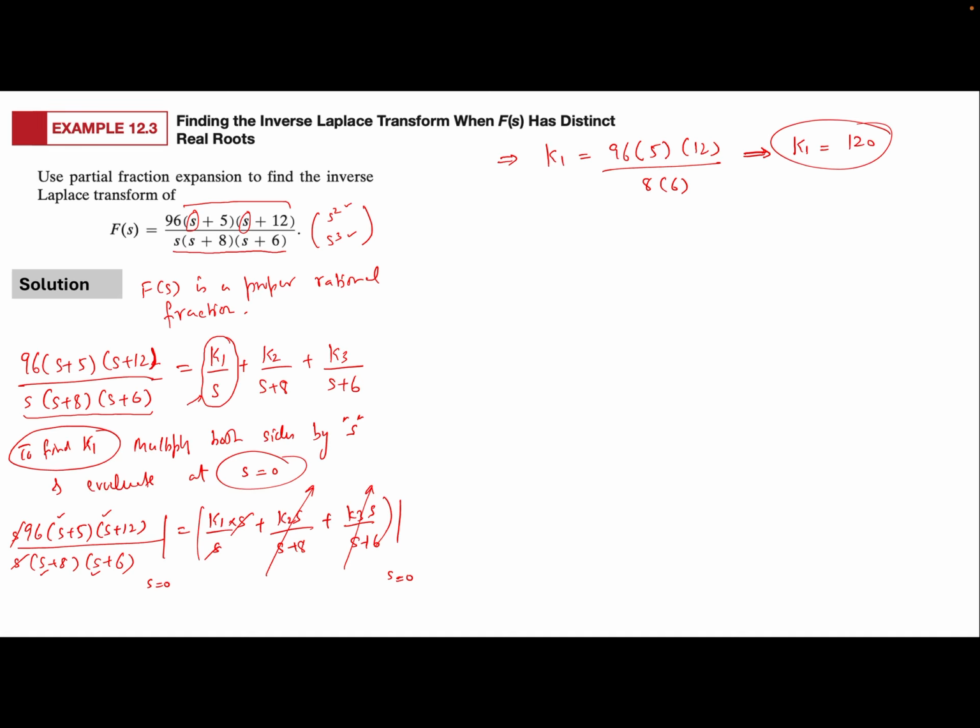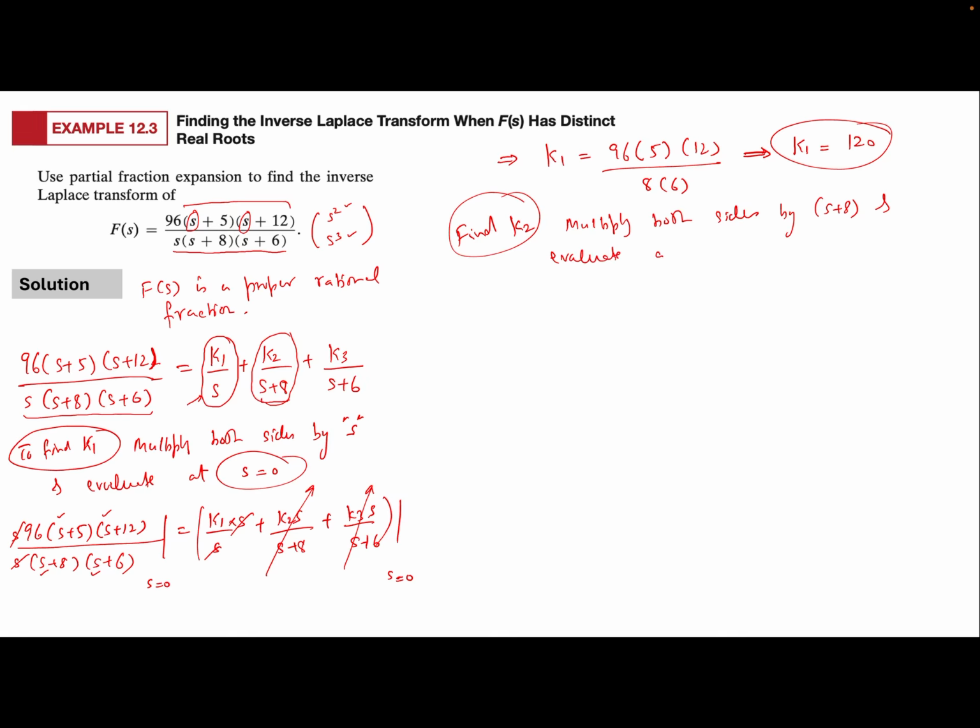Now we are going to repeat exactly the same process to find K2. In order to find K2, multiply both sides by s+8 and evaluate at s equals minus 8. I'm going to stop writing this thing; this is probably the last time.